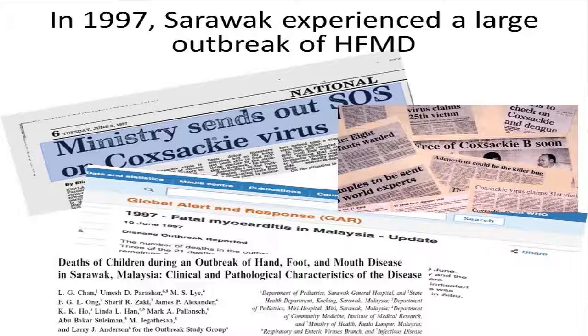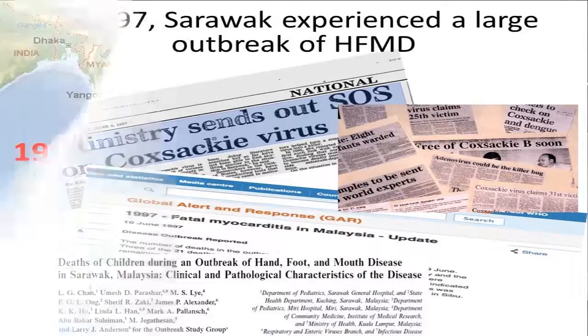So a lot of the deaths occurred in Sarawak, and for most of these deaths we were not able to show EV71 from sterile sites, but we could find an adenovirus. Nonetheless, a lot of the children from the 97 outbreak had CNS involvement, and a lot of them were hospitalized. So it was a nasty outbreak.